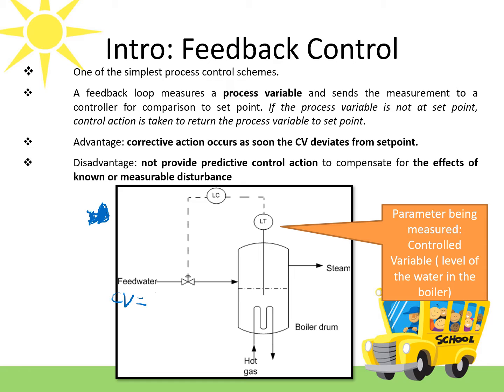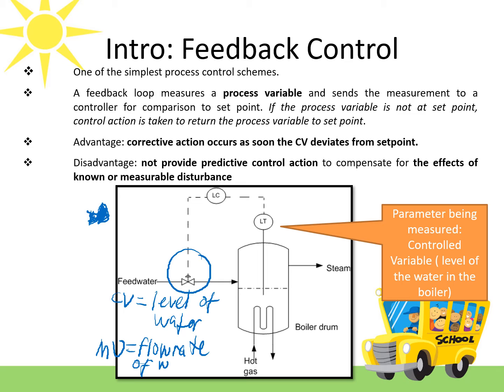It is the level of water in the boiler drum. And then what is the manipulated variable? The manipulated variable is the flow rate of feed water, the flow rate of water being fed into the boiler drum. So this is a feedback control.